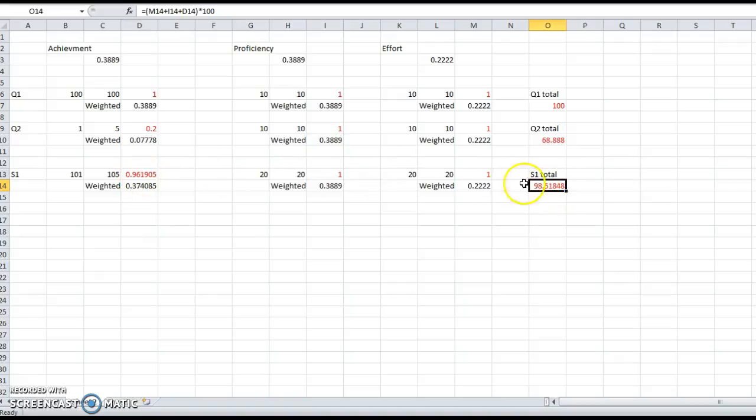Their semester one total has a 96, 100, and 100, which weights out to be a 98, whereas their quarter two has a 20%, 100, and 100, which weights out to be almost a 70%. But we still have a number that falls between. Quarter one is 100, quarter two is 60.